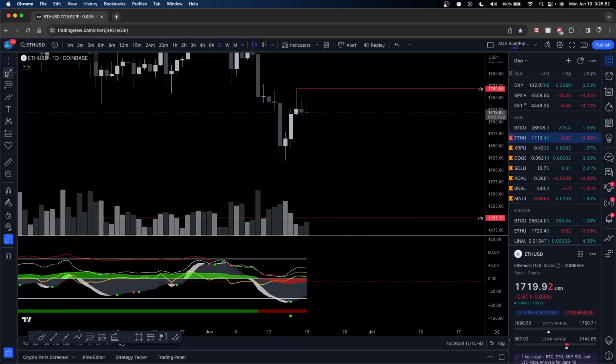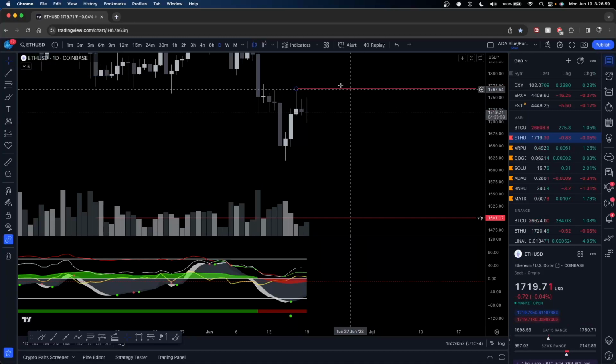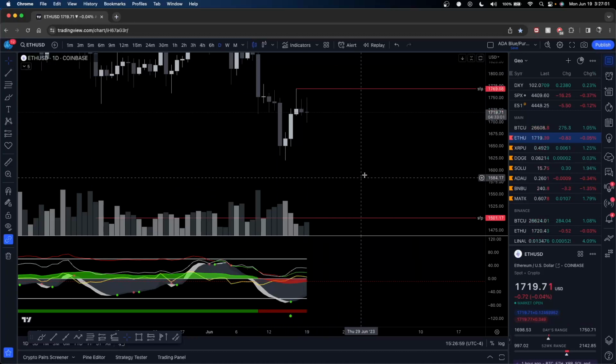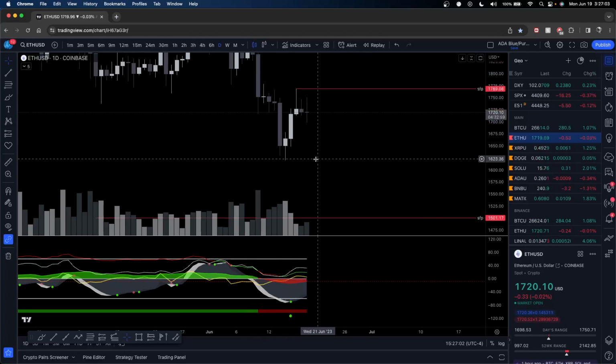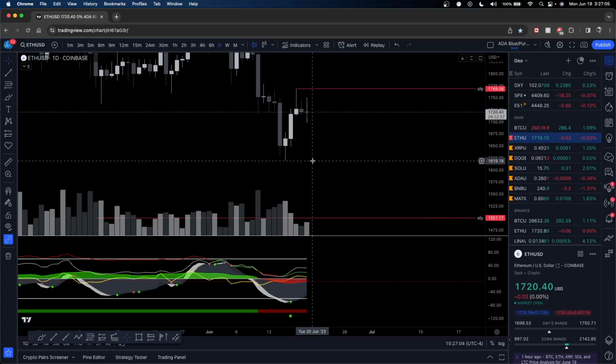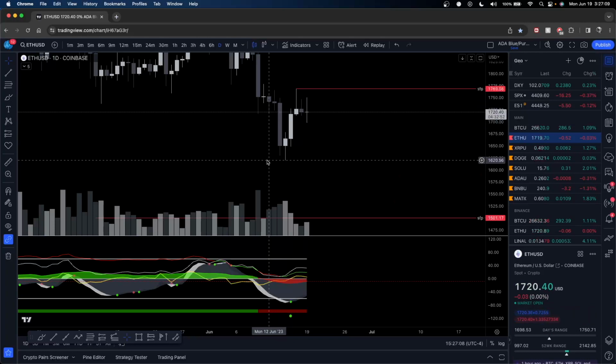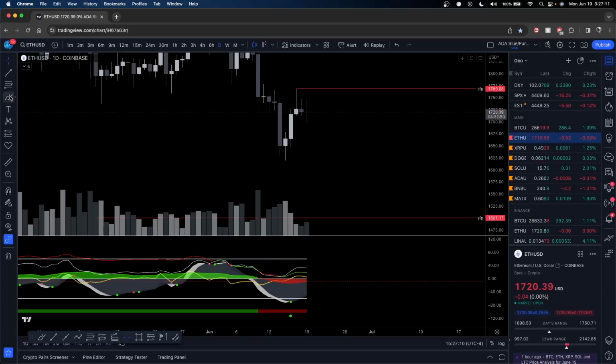But with SFPs, because they have a clear definition, which we defined in the beginning, and there are clearly objective rules for them, you have a very clearly defined low. No matter what, if price comes and breaks this level, then your idea is wrong.